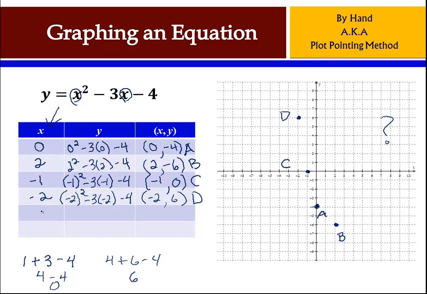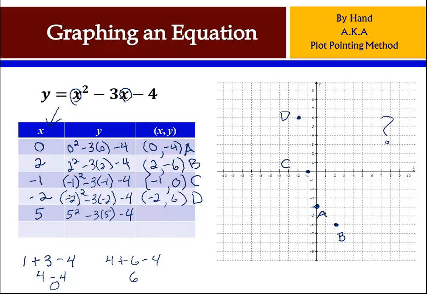Now, I had a value of 1 in my table, but since I'm trying to figure out what's going on over here on this side, I'm just going to change that and try to find out what's happening at 5. So 5 squared minus 3 times 5 minus 4. Again, I'm substituting the value for x into the equation.